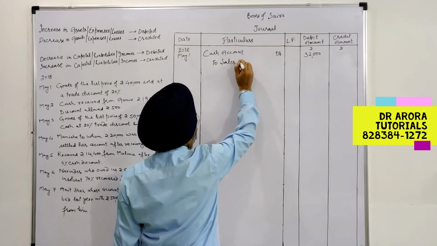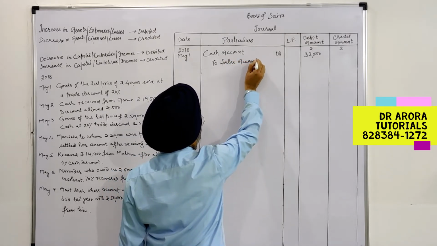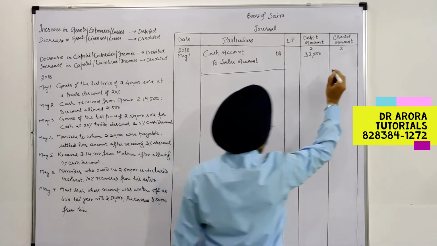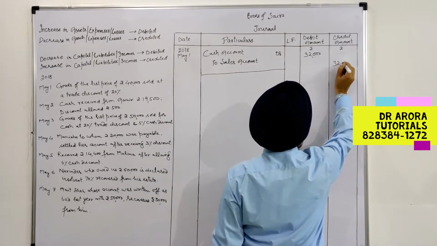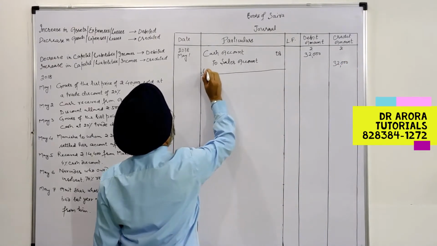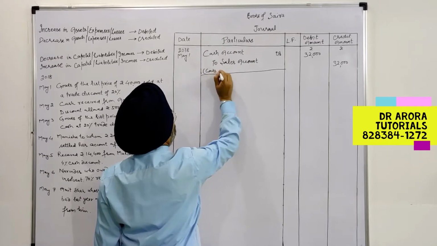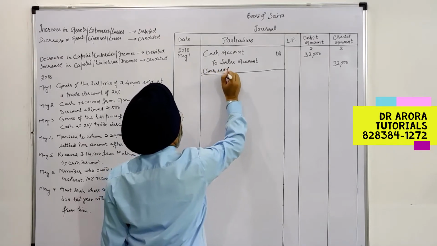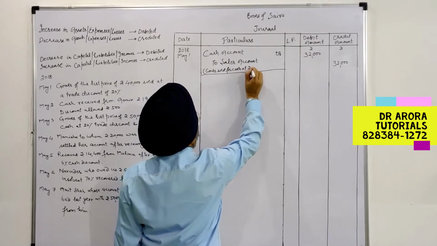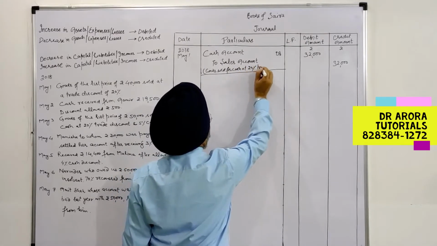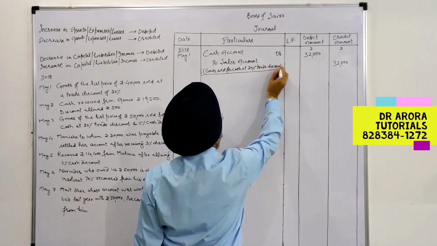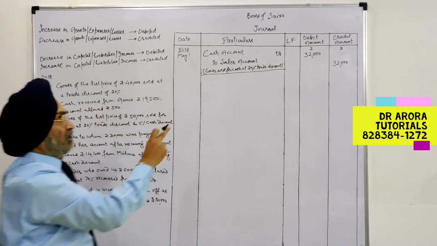With the net sale price we will pass this entry with 32,000 and in the narration we will write goods sold for cash at 20% trade discount.